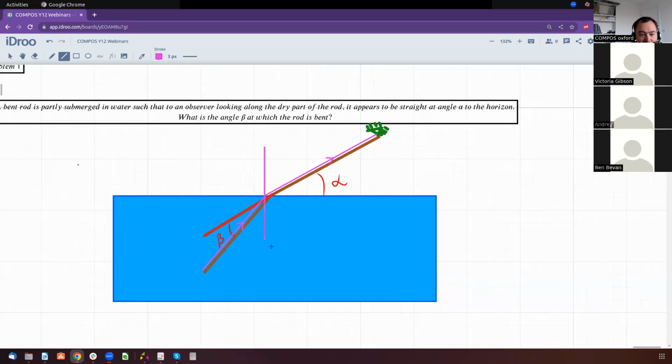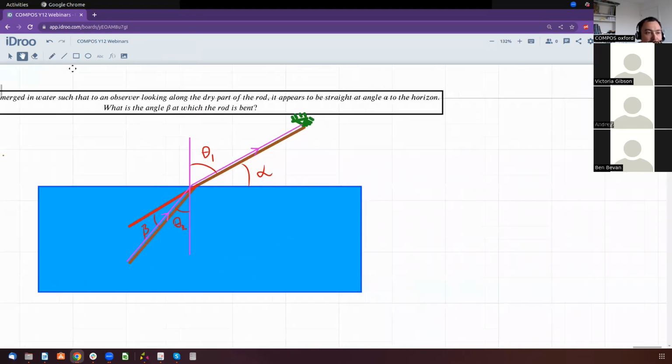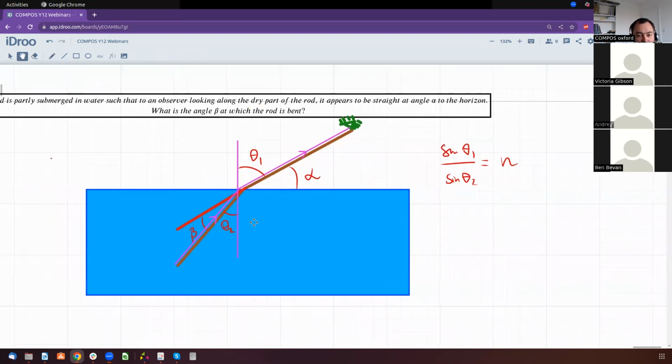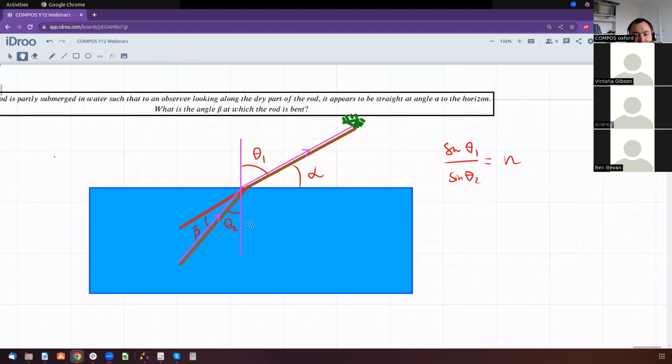And we can immediately see a very simple Snell's law, theta 1, theta 2: sine theta 1 divided by sine theta 2 is equal to n, the refractive index of water. We know that the refractive index of water is 1.33, but it doesn't really matter what it is, because they're not asking us for a numerical answer. The answer will be in terms of n.